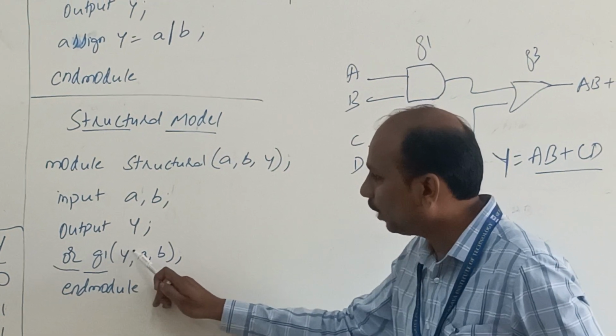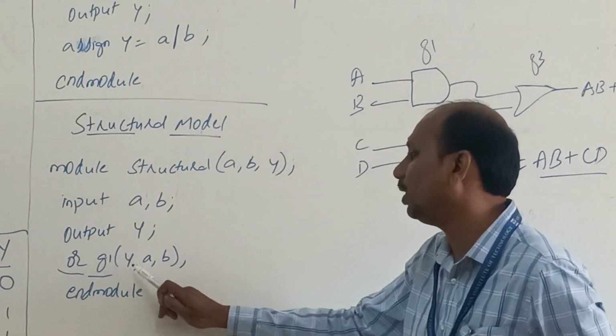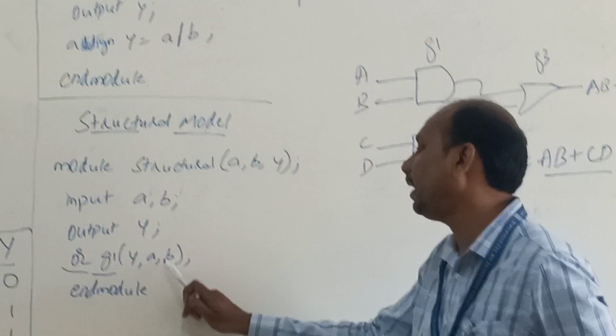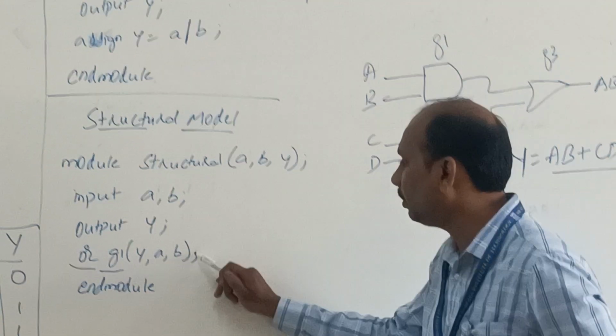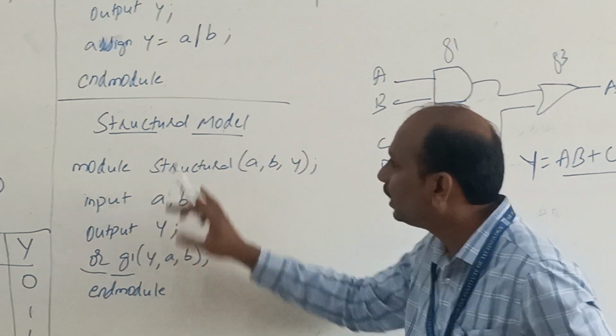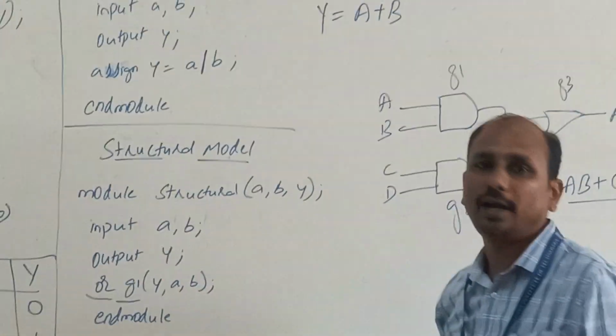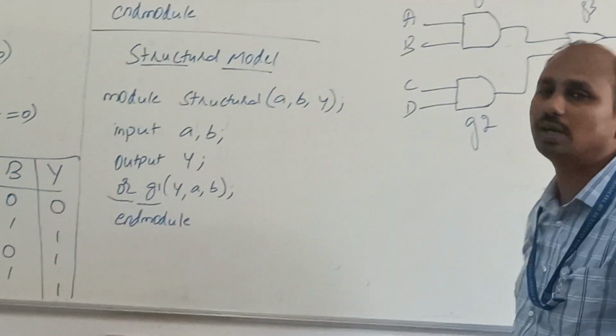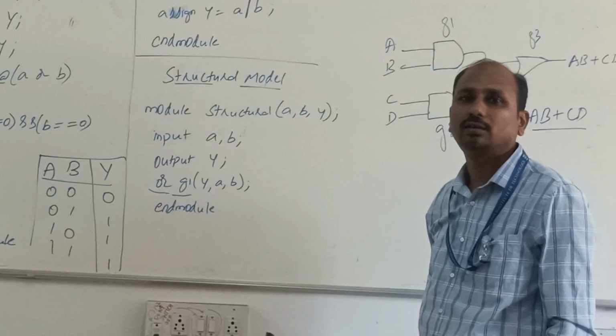The output is Y, so first I write the output Y, and then the inputs A and B. Semicolon. Next, endmodule. This represents the structural model of an OR gate. So this is how we have written all three models, the behavioral model, dataflow model, and structural model, for experiment 3. Thank you.